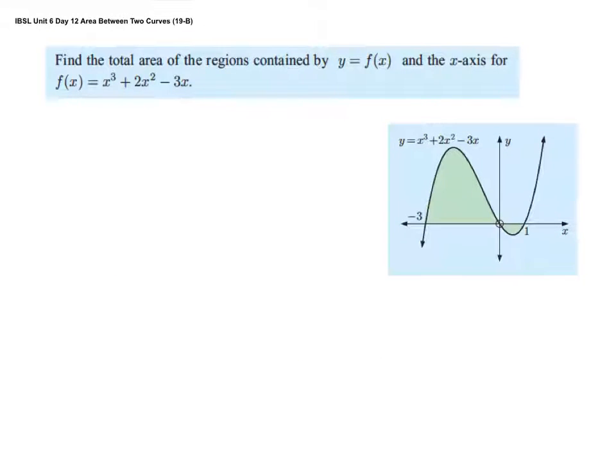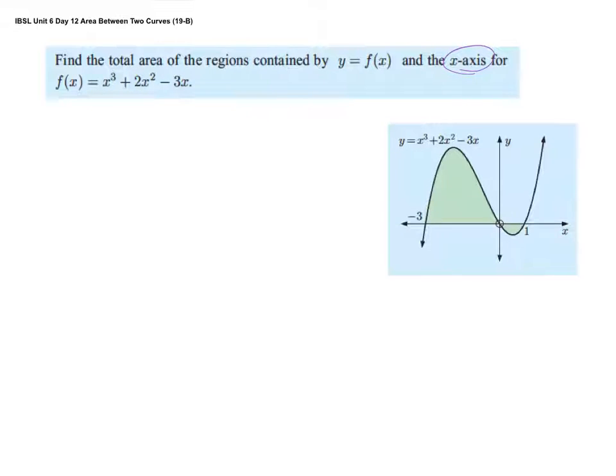Now, this is really what's happening, if you think about it, when you are finding the total area contained between the curve and the x-axis. Let's think about this for a second. The x-axis is a function, right?